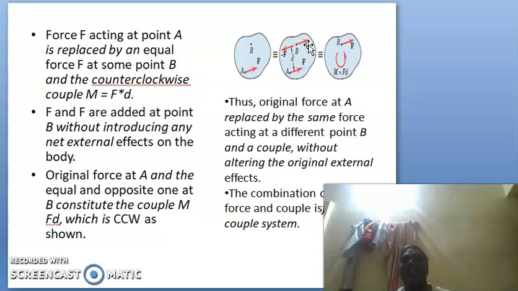Any single force can be resolved into a force and a couple, or vice versa, where a force and a couple can be represented as a single force when it is placed at the appropriate position.